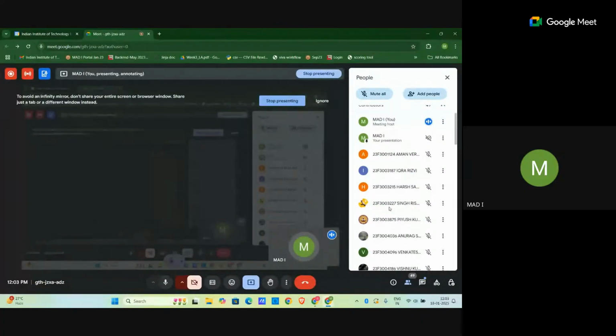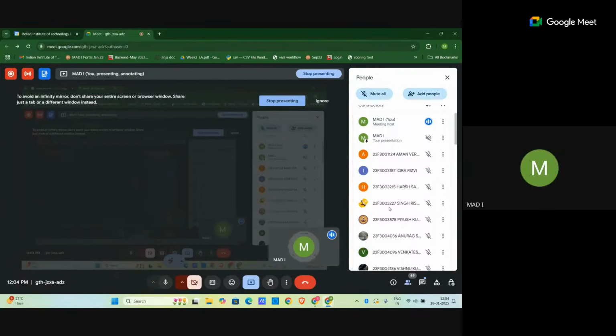Now if along with Harsh, Piyush and Anurag are also added to that bandwidth, and all three of you are using 1 Mbps, the total will be 3 Mbps. Or else you can say that if 1 Mbps is the connection and all three of you are using it, then it will be divided amongst three.